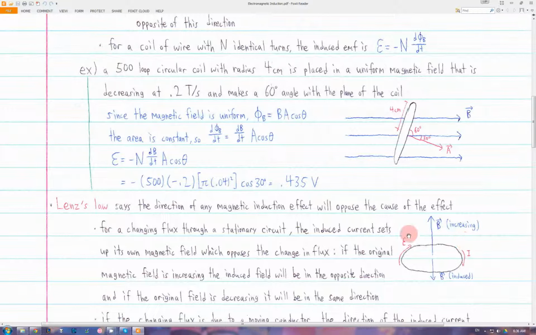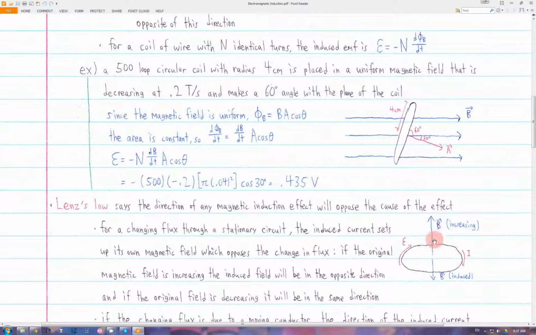So Lenz's law says that the induced current is going to try to oppose this increasing magnetic field which caused the induced EMF. So using the right-hand rule, we can determine that the induced current must be going clockwise. Since if the current is clockwise, it's going to set up its magnetic field pointing downwards, which is going to combat this increasing upwards magnetic field.